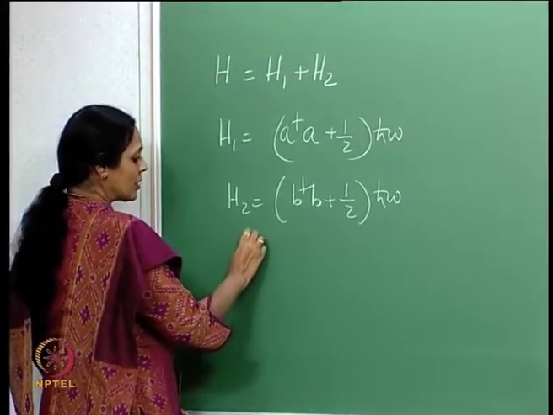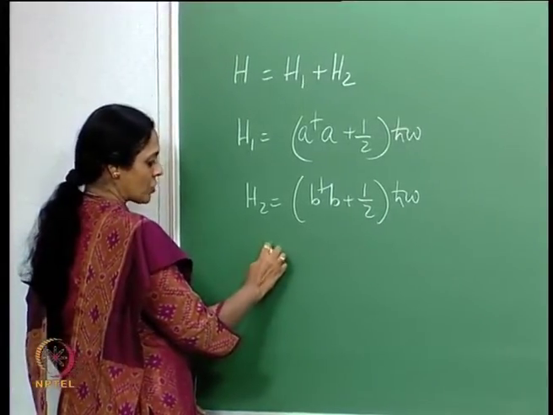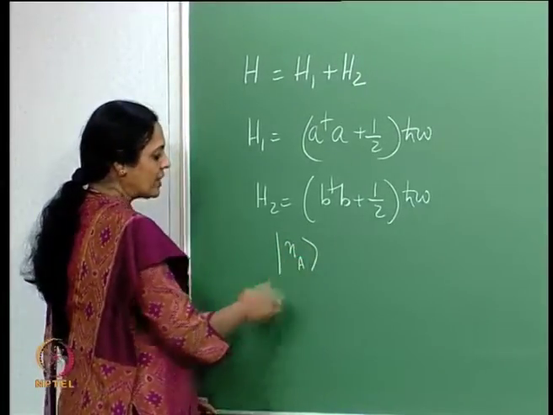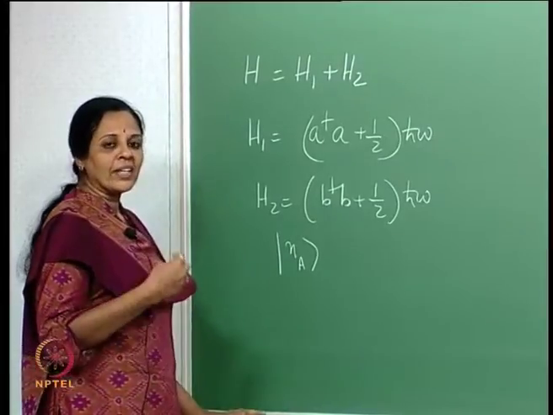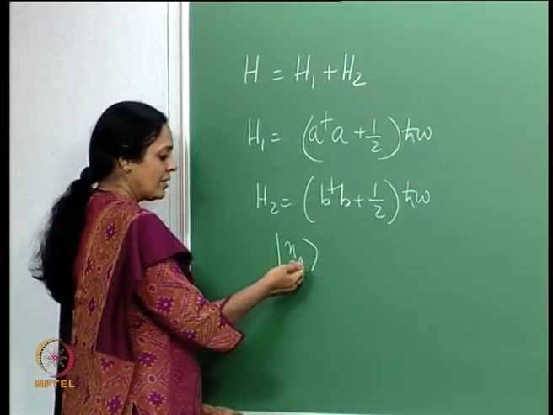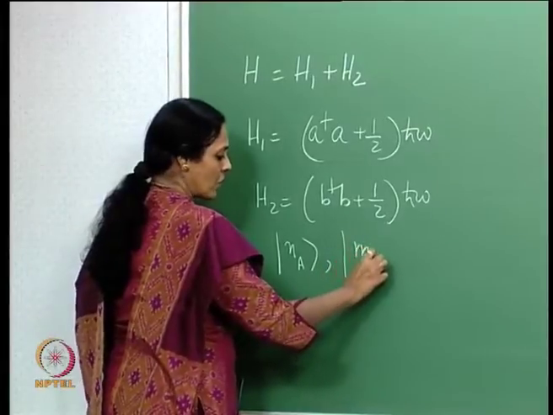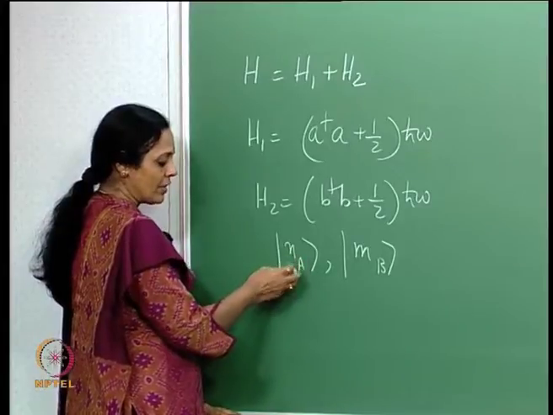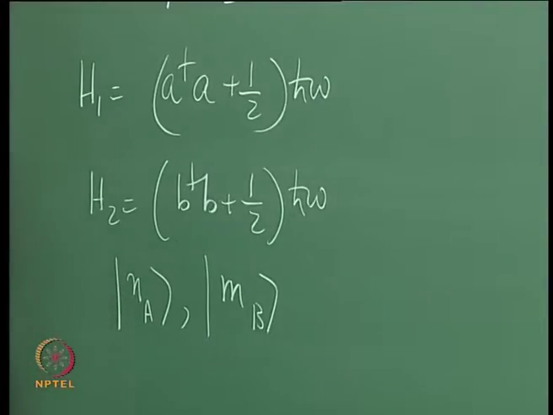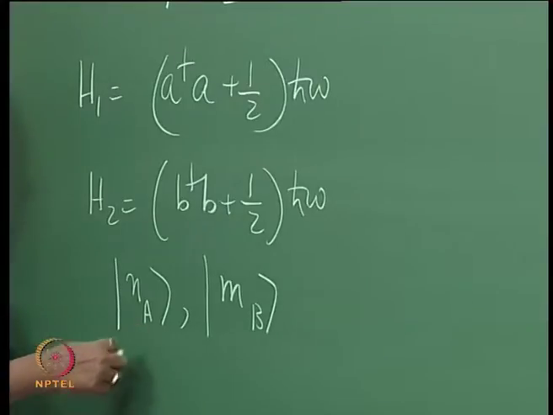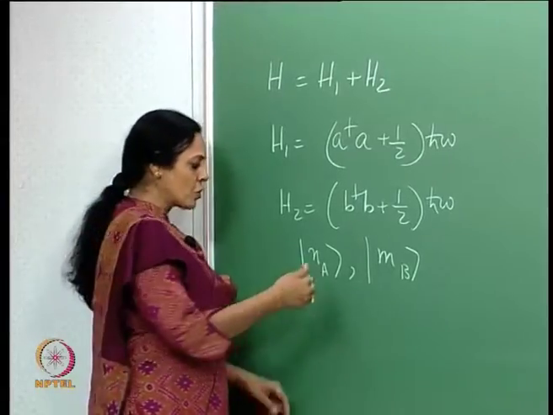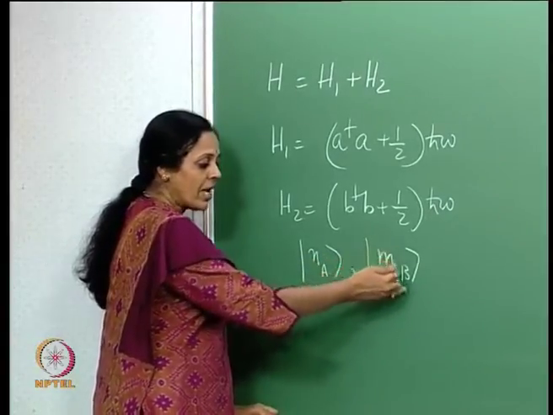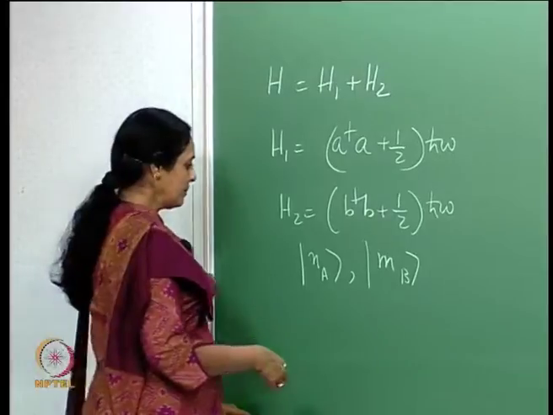Therefore, if the states corresponding to the first oscillator are represented by this ket n sub A, by A I mean the first oscillator, by B I mean the second oscillator. So, the states which are the energy eigenstates of the first oscillator are represented by the label n sub capital A. My composite system is composed of system A and system B, system A being the first oscillator and system B being the second oscillator.